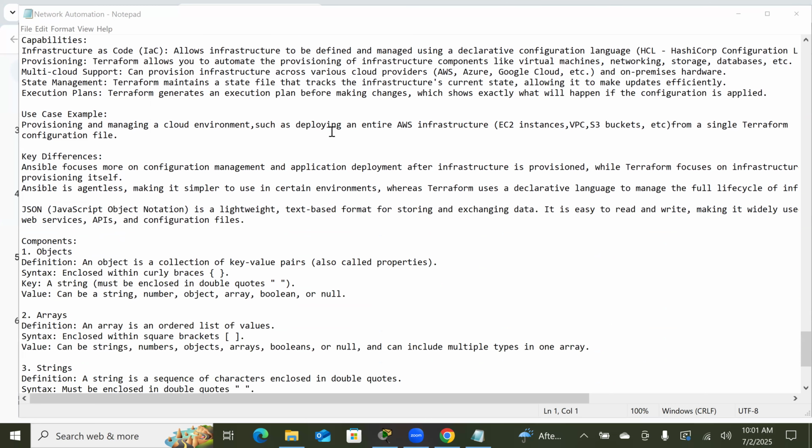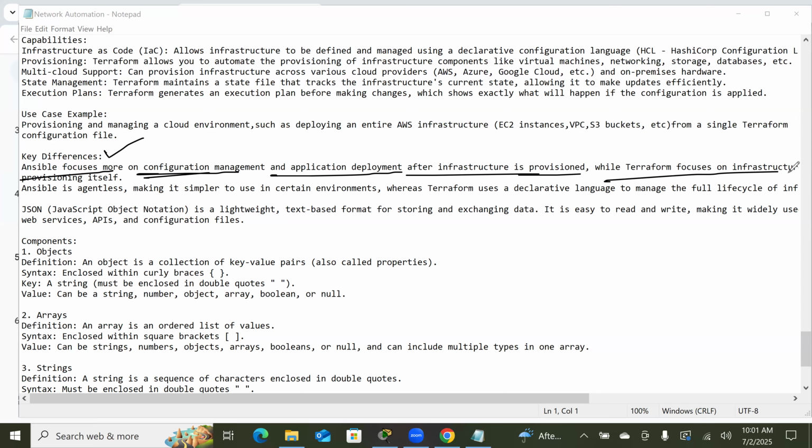You can find some key differences between Ansible and Terraform. Ansible focuses more on configuration management and application deployment after infrastructure is provisioned. As I already said, in Ansible the infrastructure should be there first. Then only it will allow us to manage the configuration or deployment of the application.